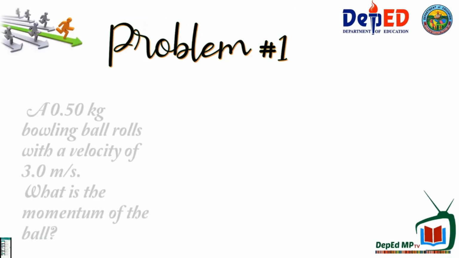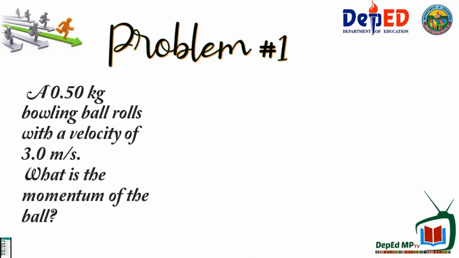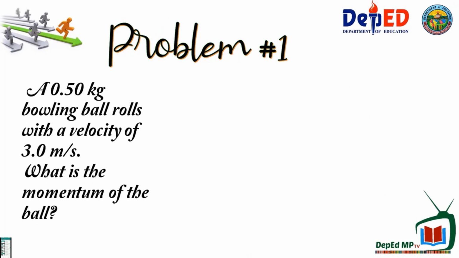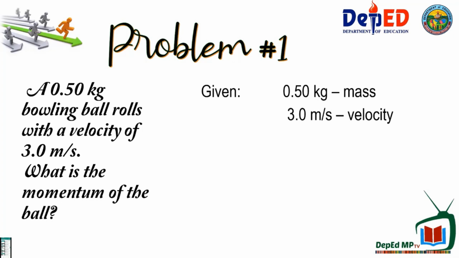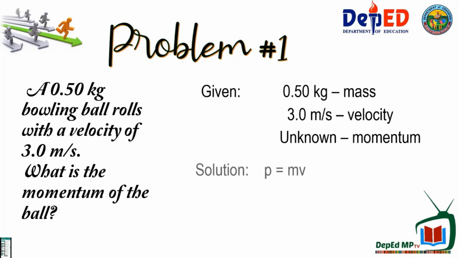Let us try problem number 1. A 0.50 kg bowling ball rolls with a velocity of 3.0 meter per second. What is the momentum of the ball? Given: 0.50 kg is the mass, 3.0 meter per second is the velocity, and unknown is momentum. Solution.